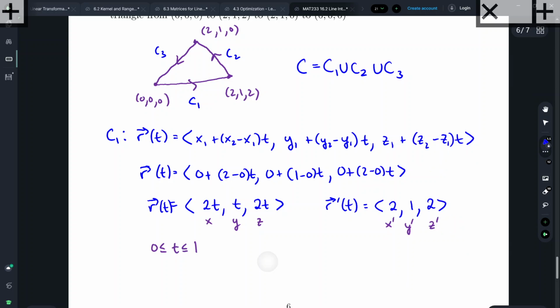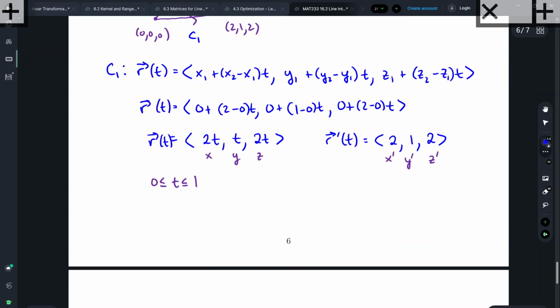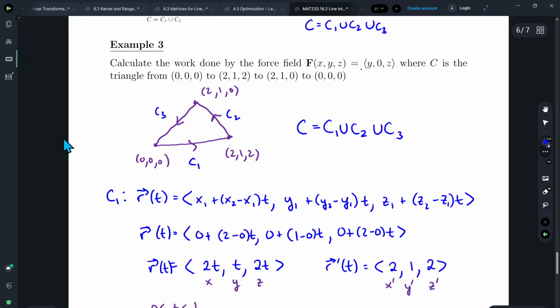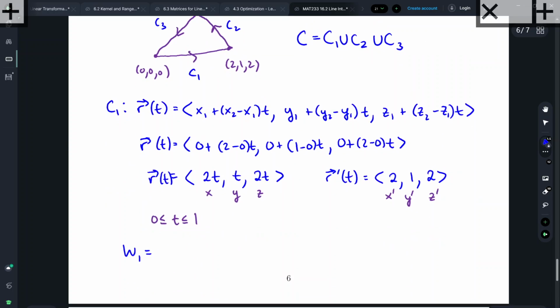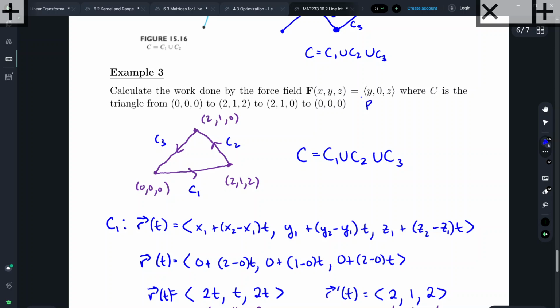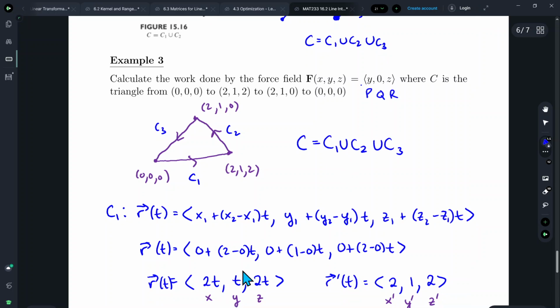Now we're ready to set up the line integral. We're calculating the work over this line segment, so the integral from a to b, that's from 0 to 1. What is F? It's P, Q, R, so we need to plug in x, y, and z.